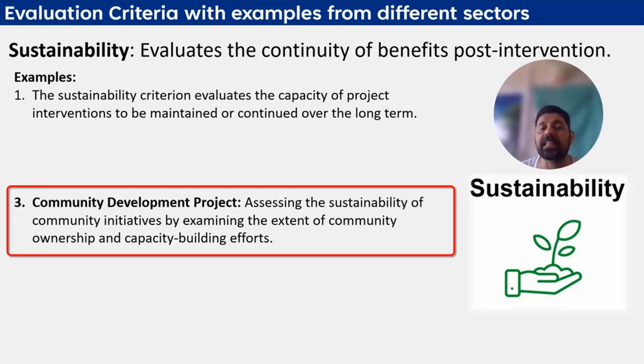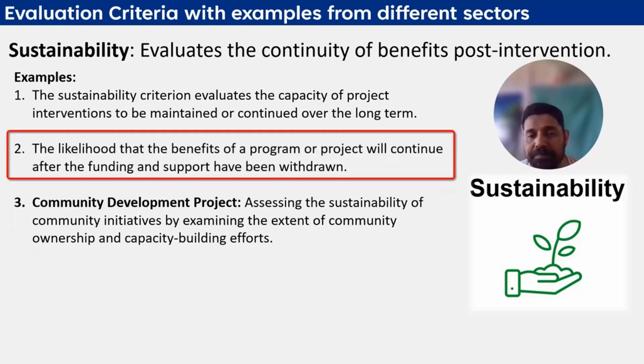If you have conducted a project in the community and when the project ends, whether that community has taken some roles and responsibility to continue that same activity, if that is related to awareness raising or construction of health facilities, whether that community is ready and whether they are taking the ownership to continue those activities and intervention.